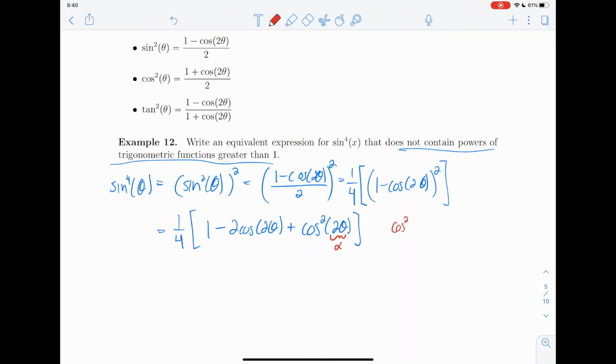then cosine squared of alpha is equal to, well, by using this other power reducing identity, that's equal to 1/2 times 1 plus cosine of 2 alpha.